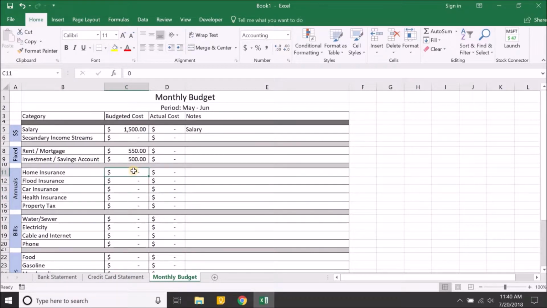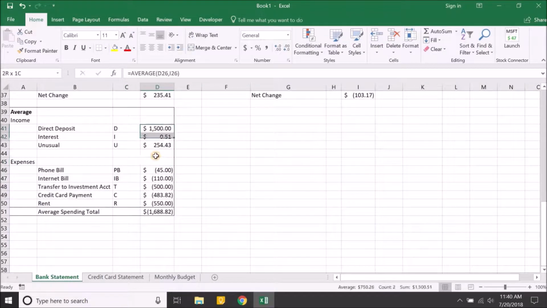Okay, so you might have renter's insurance, and you might have car insurance. Let's go ahead and explain this a little bit. The homeowner's insurance, and as with all of these, you don't pay these every month. So this wouldn't reflect on your bank statement unless you actually paid it that particular month.